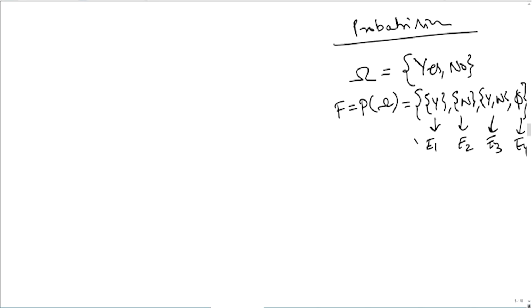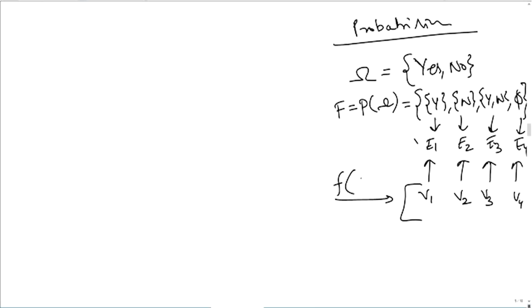Now probability is a way of assigning real values to each event in the event space. So you would assign them some real values, let's say V1, V2, V3, V4, based on certain restrictions. So let's say you figure out some function which assigns these real values to each event in the event space, constrained by certain restrictions.